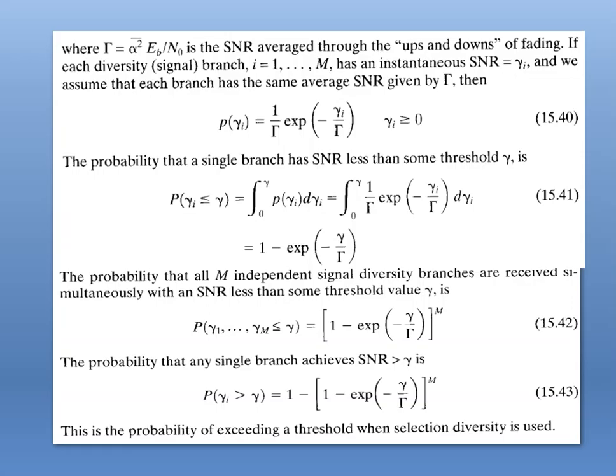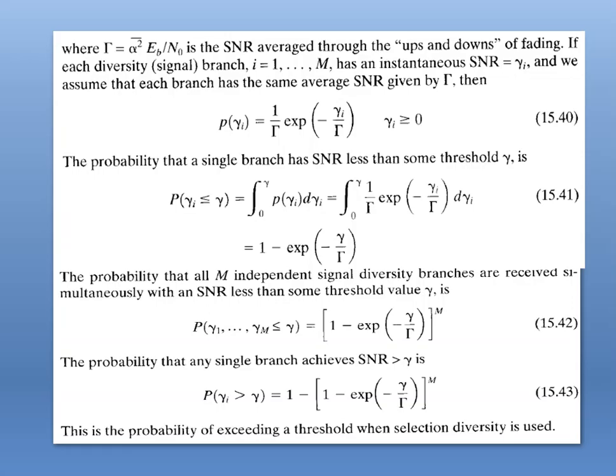The probability that all m independent signals in the diversity branches are received simultaneously with SNR less than some threshold value gamma, that is P of gamma 1 through gamma m less than gamma, is equal to 1 minus exponential of minus gamma by tau, whole power of m.